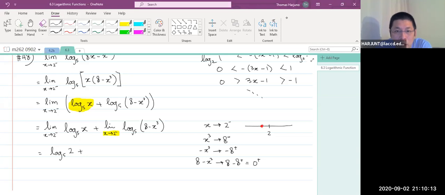Can you explain why you put negative? Because I'm chasing this form. I'm trying to chase this.